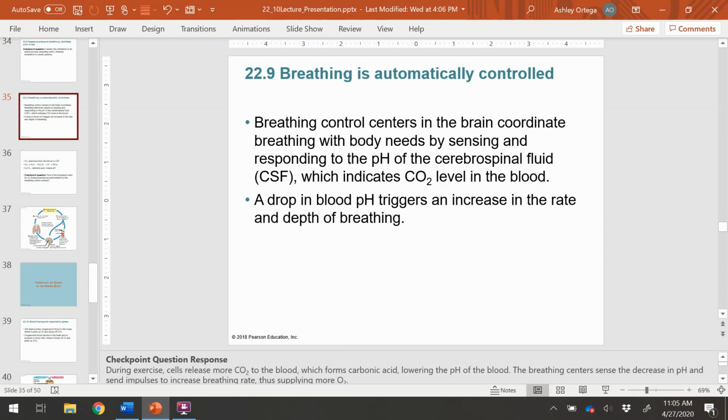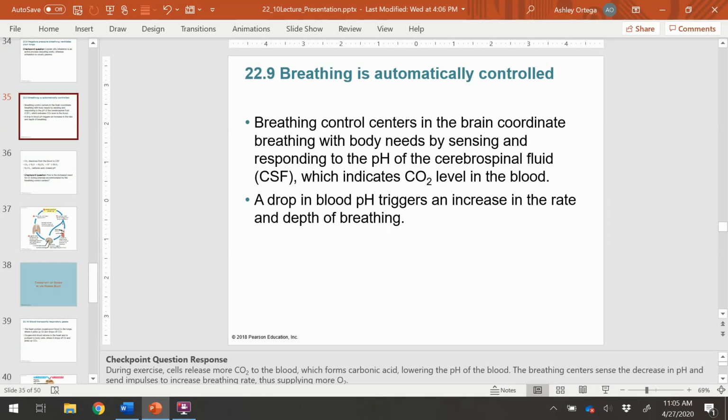This is the fluid that surrounds your brain and is in the spinal cord, and it's closely tied to the circulatory system. We'll see it's also a response to the circulatory system, which indicates the carbon dioxide level in the blood. The drop in blood pH will trigger an increase in the rate and depth of breathing.